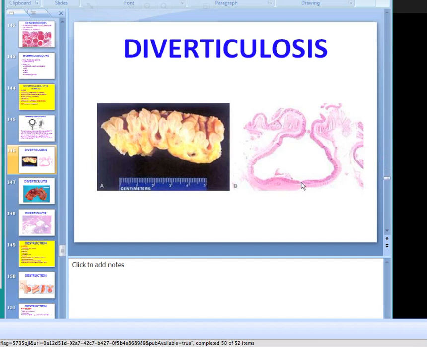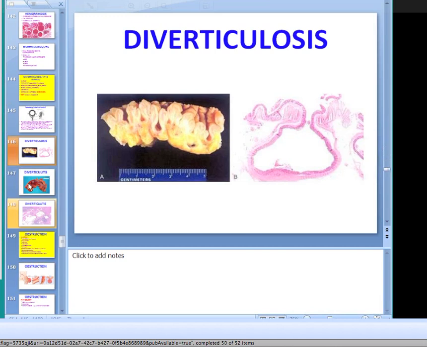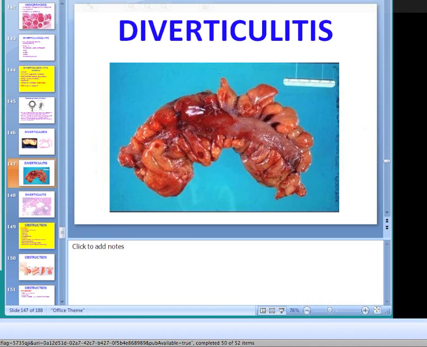And for that reason, most of the diverticuli of the bowel are what you call a pseudo-diverticulum. Remember, we told you that to have a true diverticulum, you needed all four layers, like a Zenker's diverticulum, but a pseudo-diverticulum is less than four. So most diverticuli are actually just evaginations of mucosa through the muscle surrounded by the connective tissue of the serosa or adventitia.